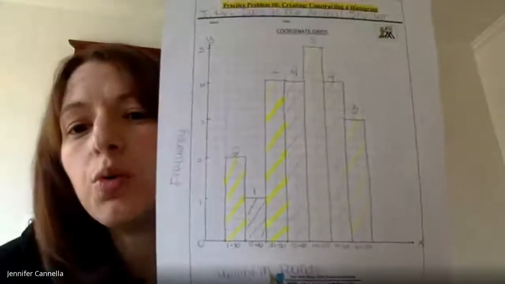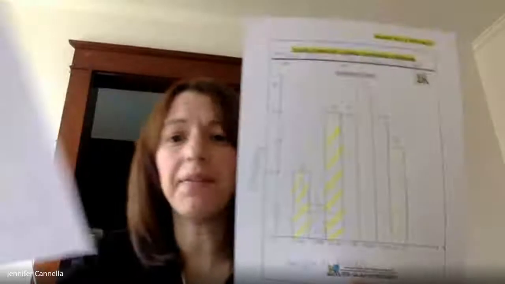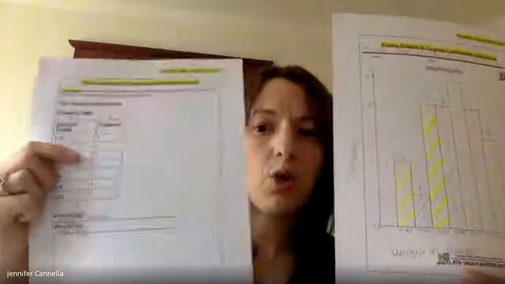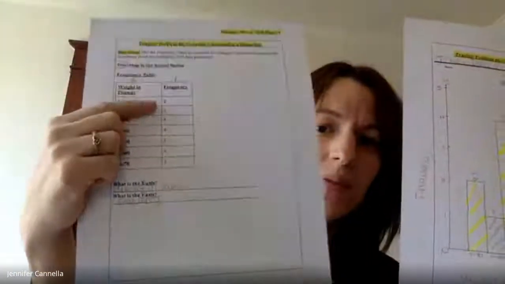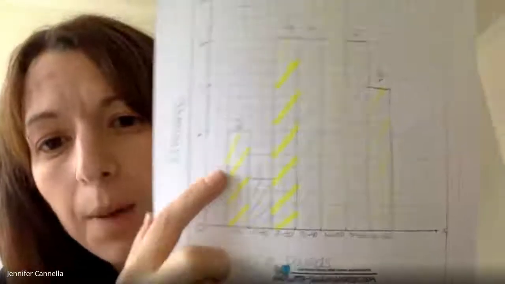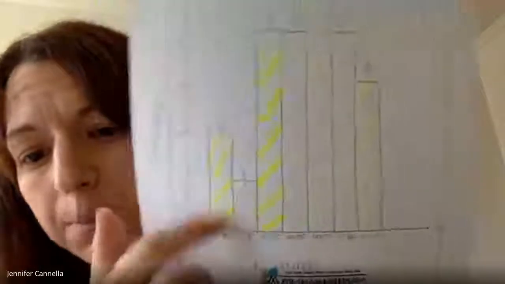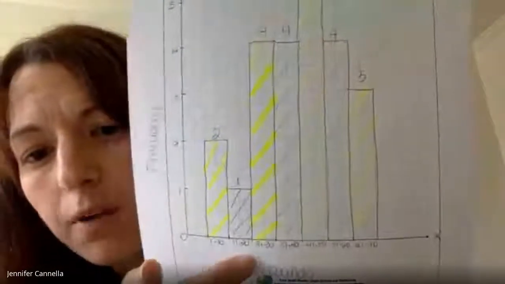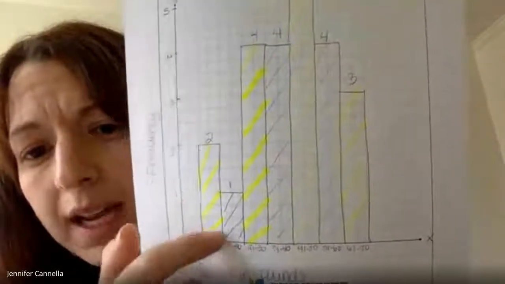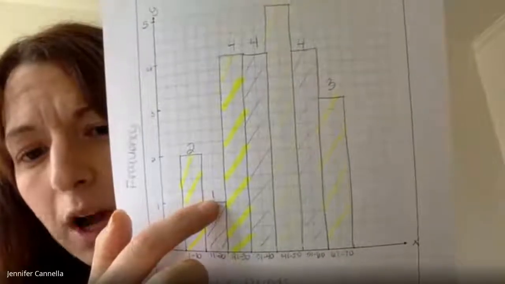Then I'm going to go to this page that I just graphed that was given to you, and I'm going to take the numbers in the frequency and put it on the interval section to make the histogram. So for weight 1 to 10, there were 2 dogs. I'm going to take the pencil, go up to 2, and make a box and put a line. From 11 to 20, I'm going to make a box, put it up to 1.